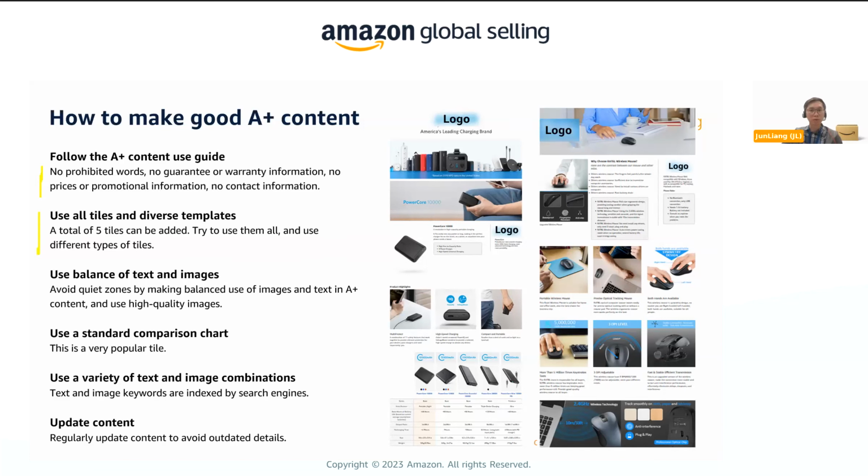This is something I'll go through later on, the different tiles and templates available. Also have a balanced use of text and images. And if you are able to use a standard comparison chart, this is something that we see is very popular among sellers using A+ content.